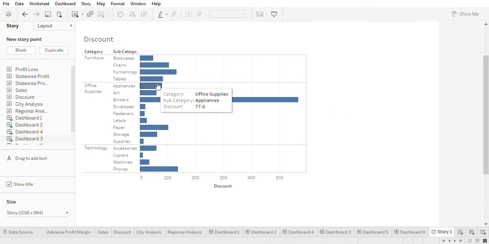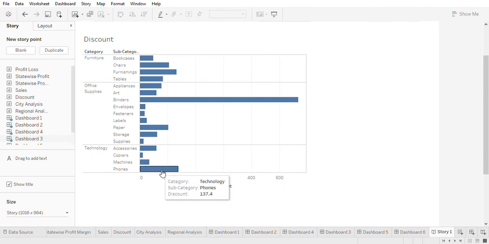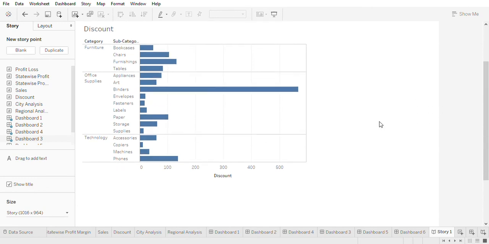This would increase the performance of these categories. Otherwise we can also see the discount for phones is large, and paper is also good.